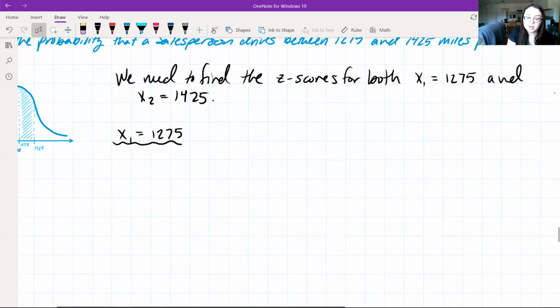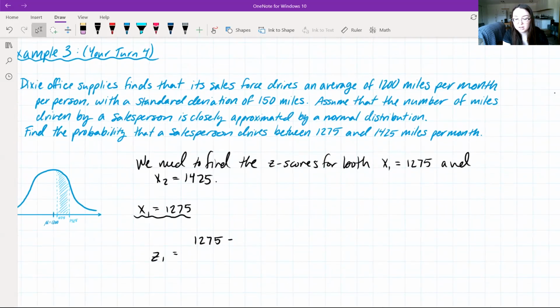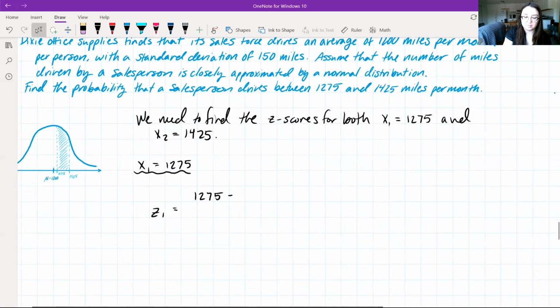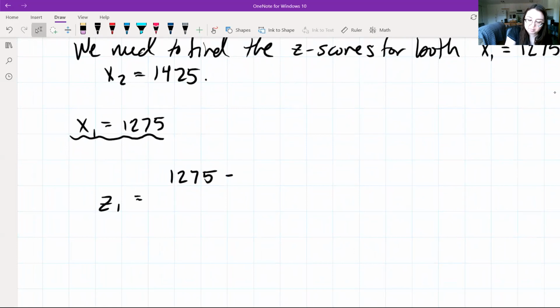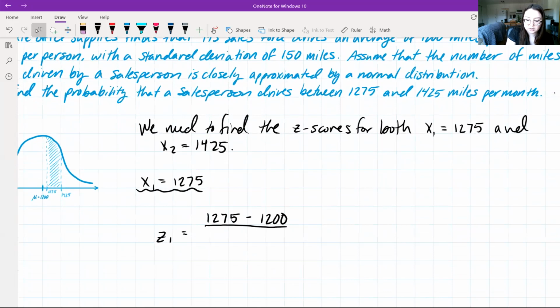So we know x1 is 1,275. So then we're going to label this z1. This is our first z-score. And this is equal to x1, which was 1,275, minus the mean, which we know in our question was 1,200 miles. Remember, if we mention our average, that means our mean. So we have 1,275 minus 1,200 divided by our standard deviation, which was 150.